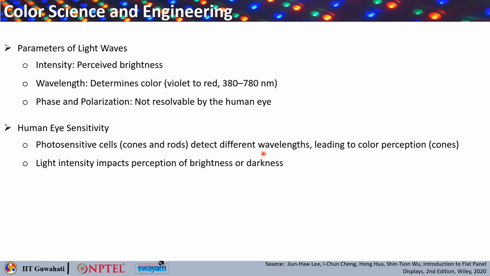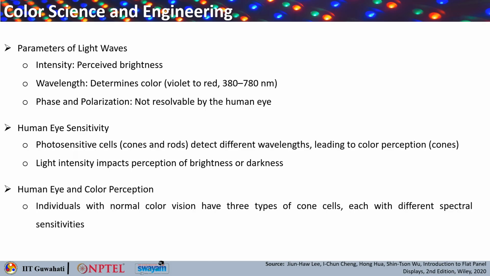Rods are highly sensitive and enable monochrome night vision and also peripheral detection, whereas cones are less sensitive compared to rods, but they are specialized for high acuity color vision in bright light, and they are mainly concentrated in the fovea region. So, what you understand is that light intensity plays an important role in the perception of brightness or darkness.